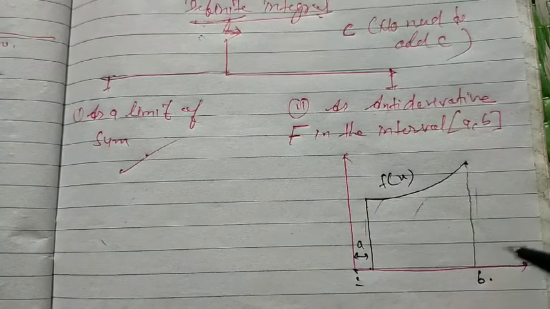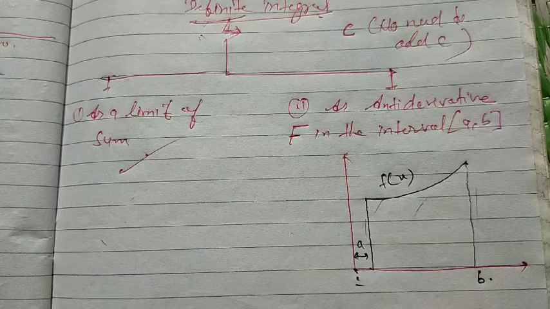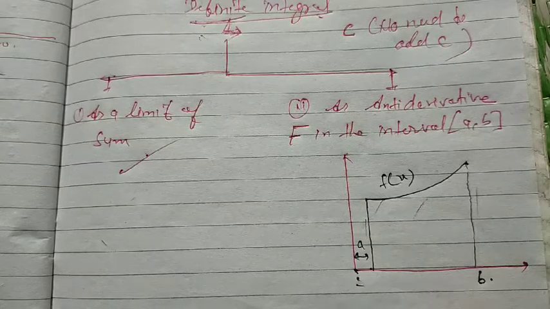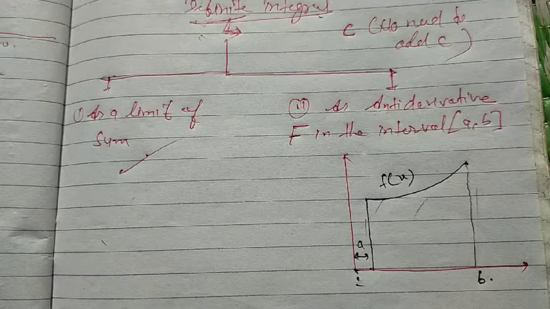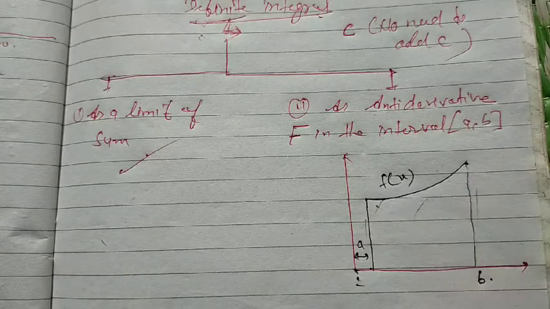So we don't have any formula for this kind of figure. We have a formula of rectangle, of triangle, of trapezium, of quadrilateral, but this is not a quadrilateral since this is a curve.